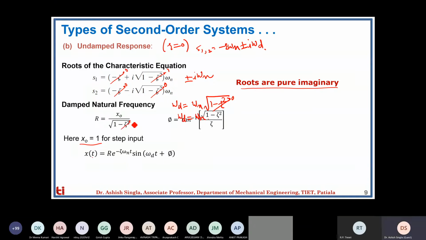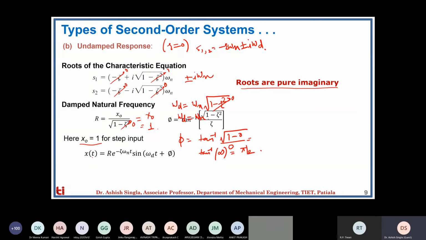So when zeta is equal to 0, R is equal to x naught, and x naught is equal to 1, so this becomes 1, and phi is equal to tan inverse of square root of 1 minus 0 divided by 0, that is basically tan inverse infinity, which will give us pi by 2.